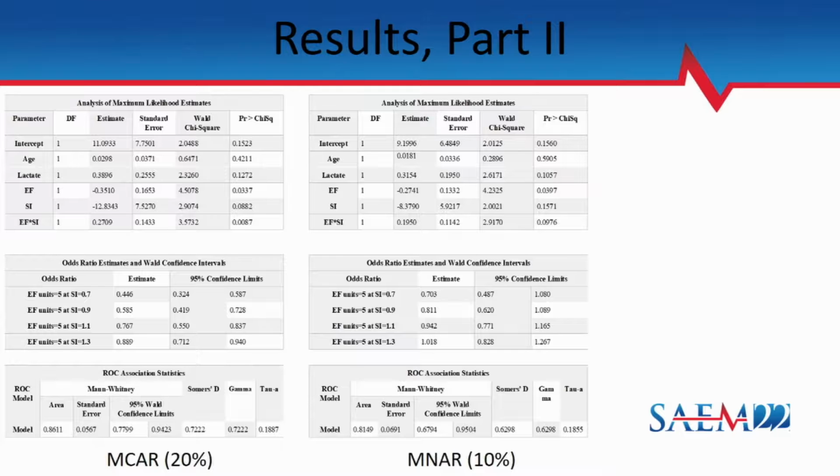The parameter estimates still show the same kind of trend but not changing effect size, but most of them cross an odds ratio of 1, which suggests that it's actually not useful. But the model still has pretty good discrimination. An area under the curve of 0.8, especially if you're talking about sepsis, would be astronomically high, I think.